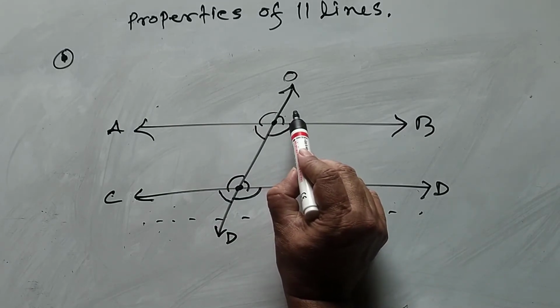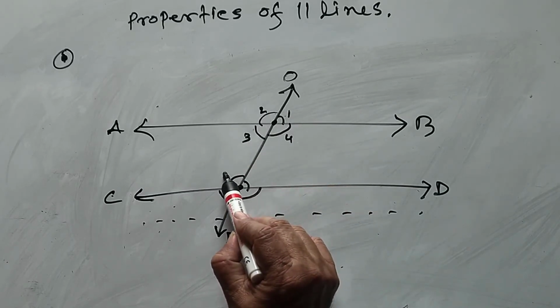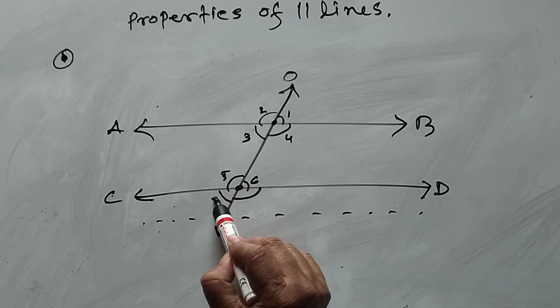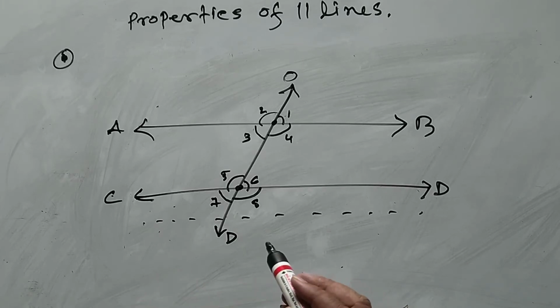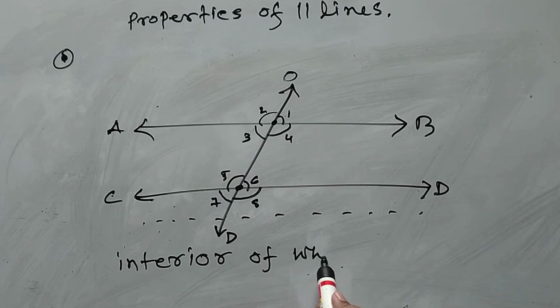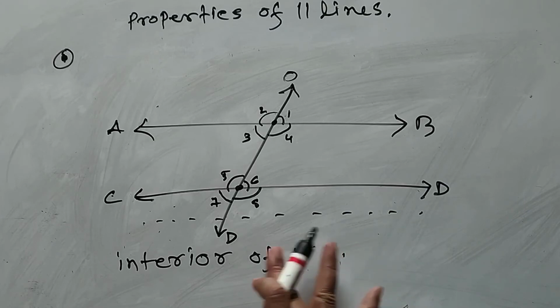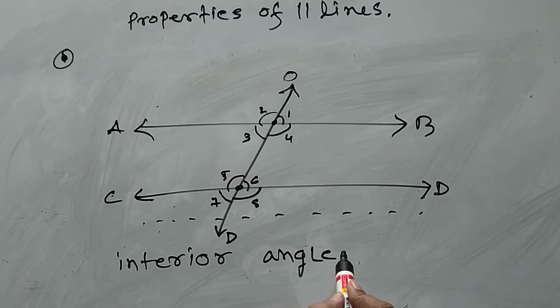If you name them 1, 2, 3, 4, 5, 6, 7 and 8, in total, if a transversal intersects two parallel lines, it creates 8 angles, out of which there are interior angles and exterior angles.